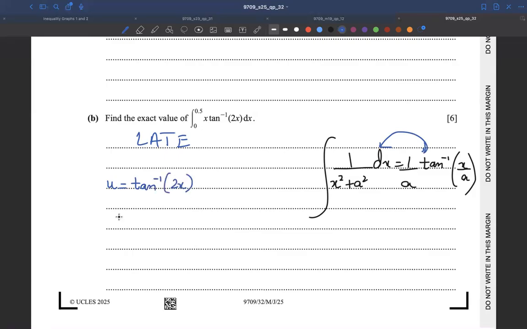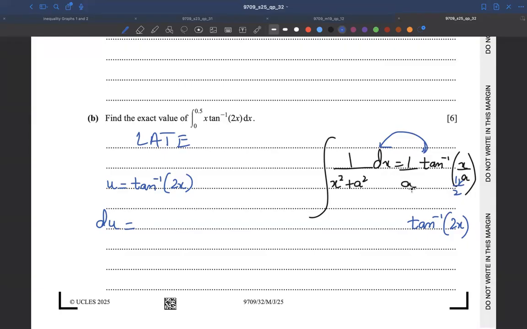Now let's relate the derivative of tan inverse of 2x to the formula. So du would be equal to, the value of a is 1 upon 2, as if there is a 1 upon 2 over here, it will come up in the numerator, and there is no 2 over here.